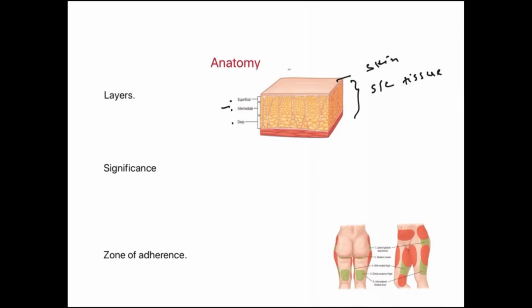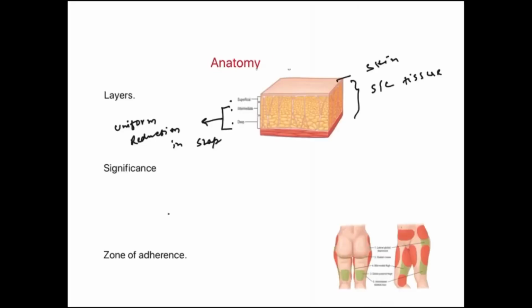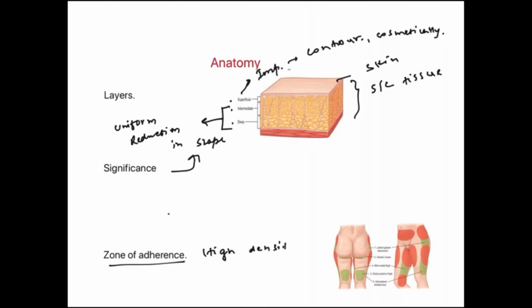When the intermediate and deep layers are removed, this causes uniform reduction in shape, and the superficial layer is cosmetically important. So this is the significance of this anatomy.